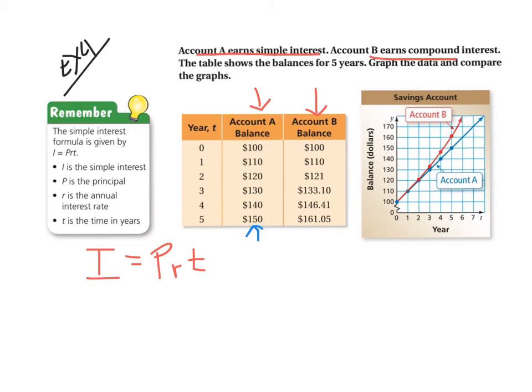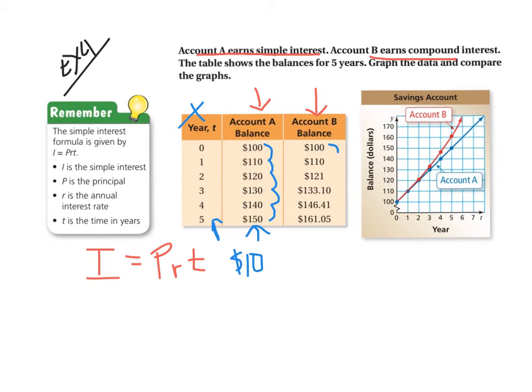So if you look at account balance A, for both of these, the X value is increasing constantly. It goes up by 1 year each time. But for account A, you see it goes up how much each time? Each year they make $10. Okay, that's simple interest. Every year they make $10.